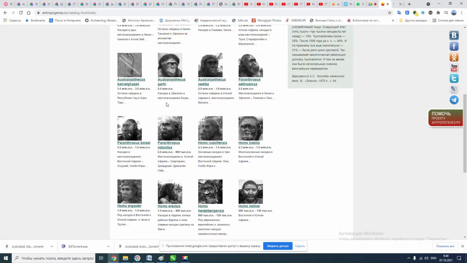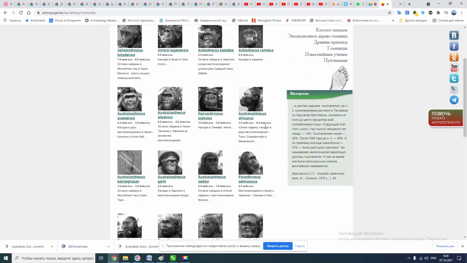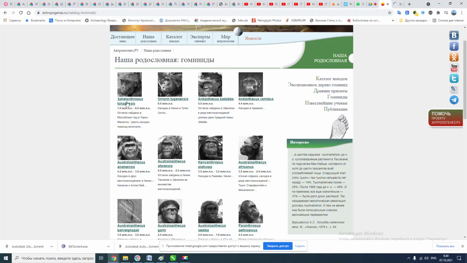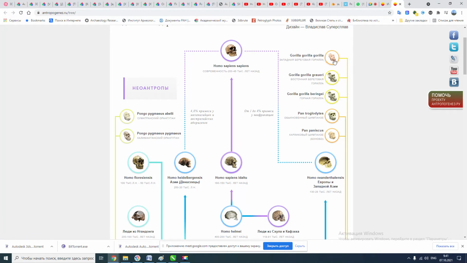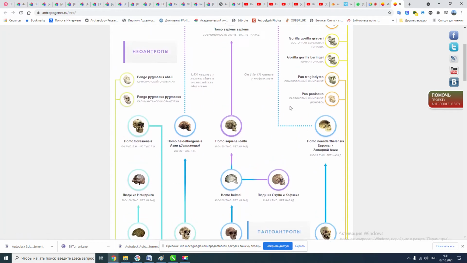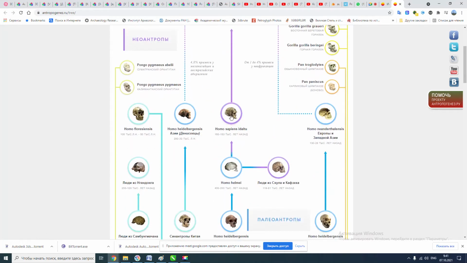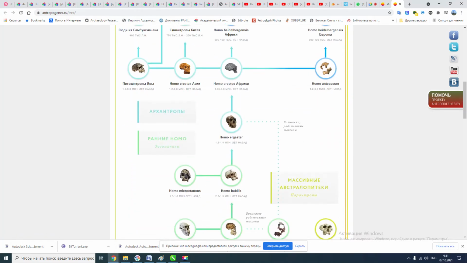As you see, we have different types. They are our ancestors. And some of them lived 5, 6, 7 million years ago. If you look at this, you can see that some evolution branches stopped. This is our Homo sapiens sapiens, that's our evolution tree. It starts from Homo erectus, Homo ergaster.